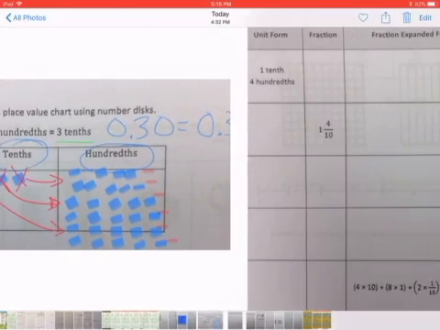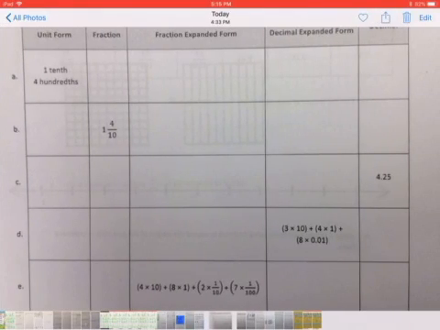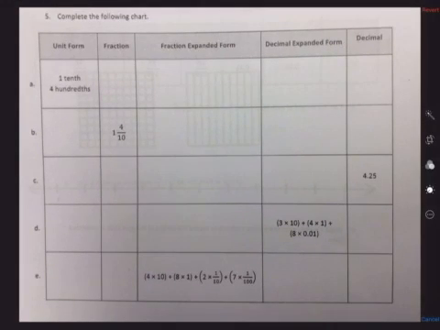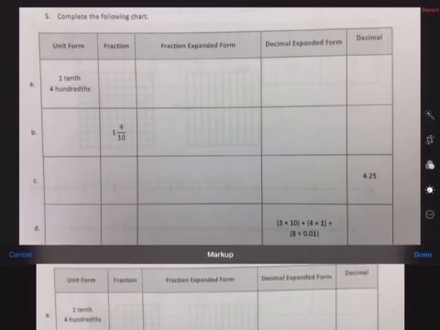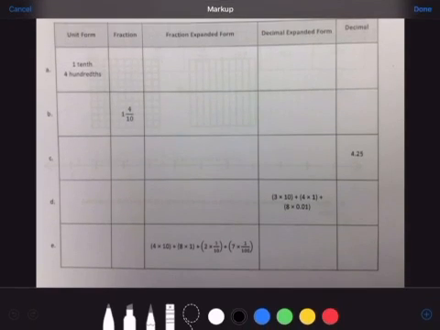Let's look at number 5. So I'm not even sure I'm going to be able to write small enough to do 5 very well, but I will give it a go. So 5 is really trying to find out if you know how to write any number in unit form, in fraction form, in fraction expanded form, in decimal expanded form, and in decimal.